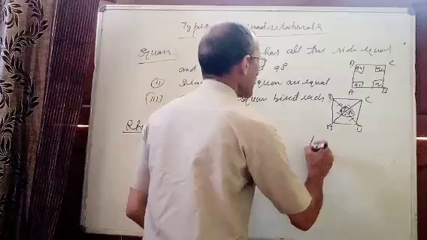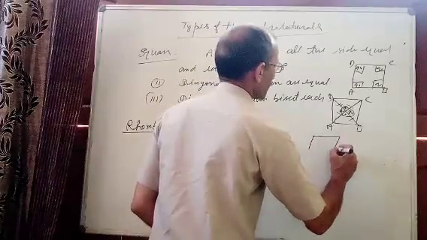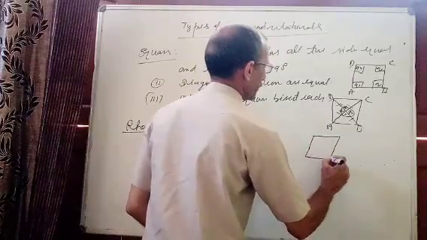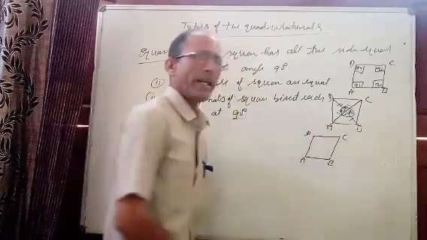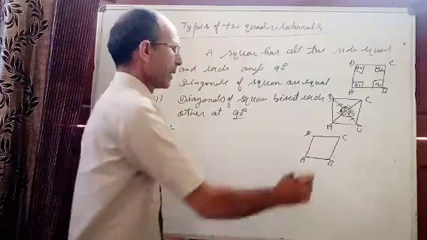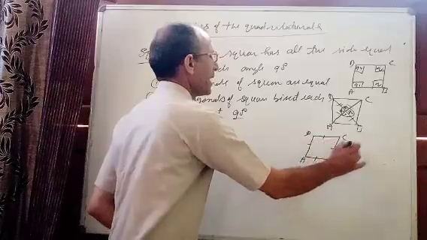So this figure stands for a rhombus. ABCD is a rhombus. It means all the sides are equal.